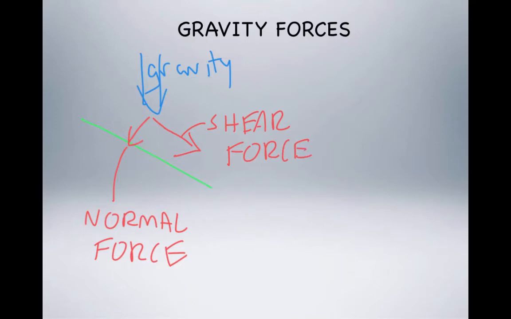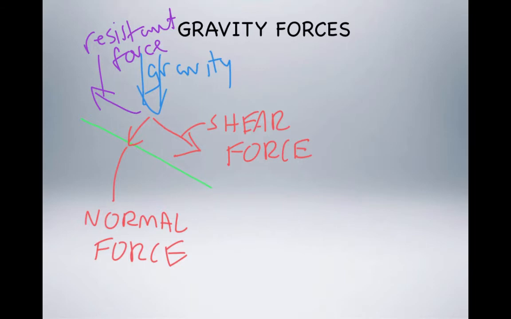Now, there is a third force that is not being controlled by gravity that is actually the resistant force on the surface, which is the force that's pushing back against the shear force. So, in a theoretical condition, the shear force, the downslope force, is going to be equal and opposite to the resistant force.